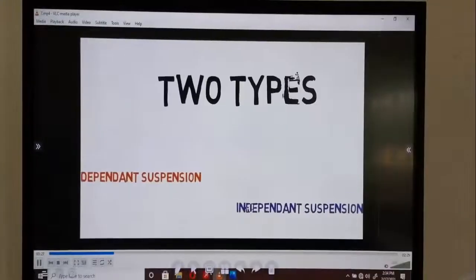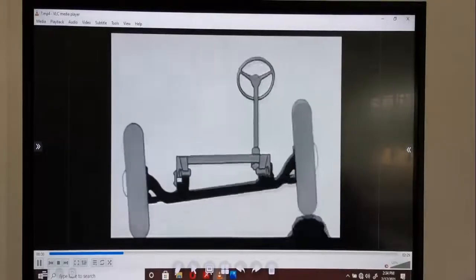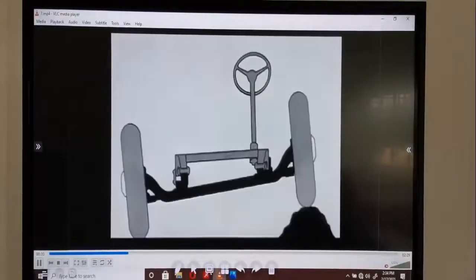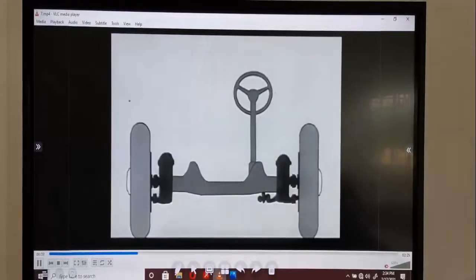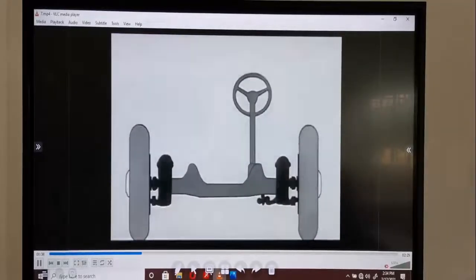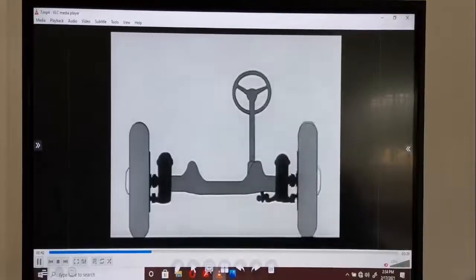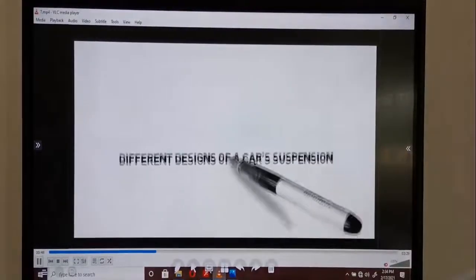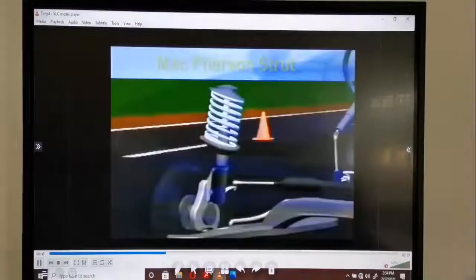One is dependent and another is independent. Dependent means when the suspension works, the vehicle frame also vibrates or moves. Now you can see this is independent. So only the wheel and suspension system work. The body frame does not get any stress or vibrations.